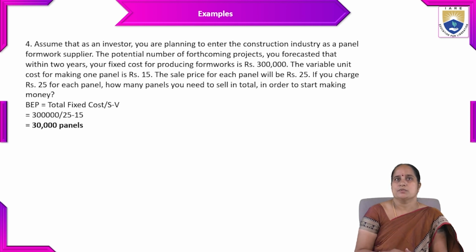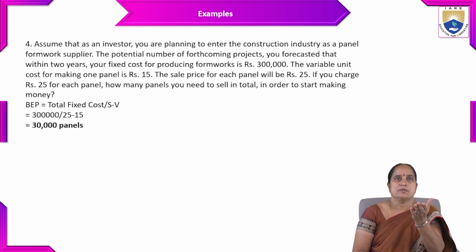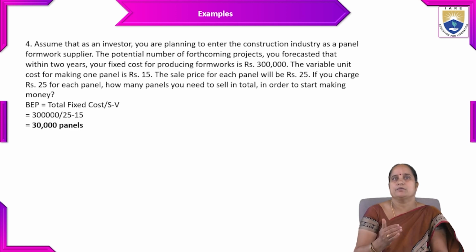If you charge 25 rupees for each panel, how many panels do you need to sell in total in order to start making money? If you want to generate profits, then we have to find out BEP sales, and with the help of BEP, we can find out the company has to produce 30,000 panels so that they can earn 25 rupees as profit per unit.